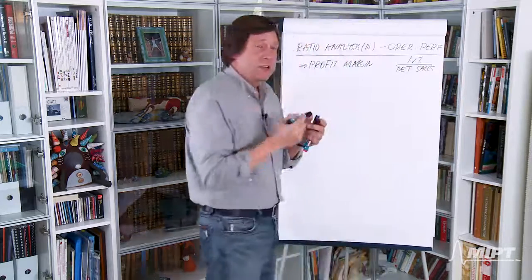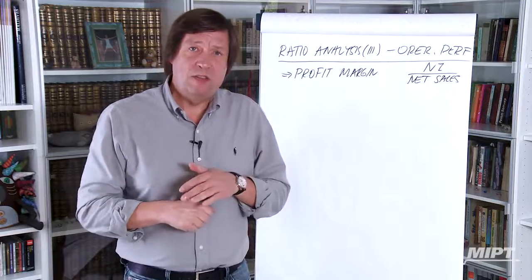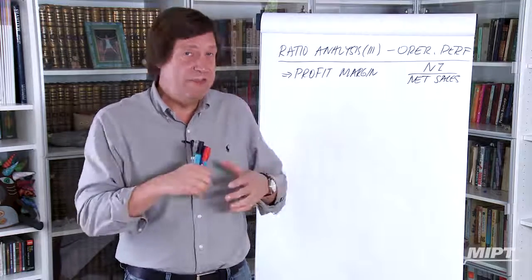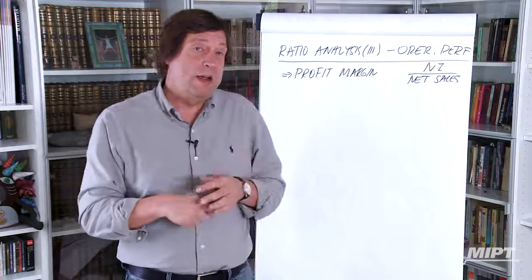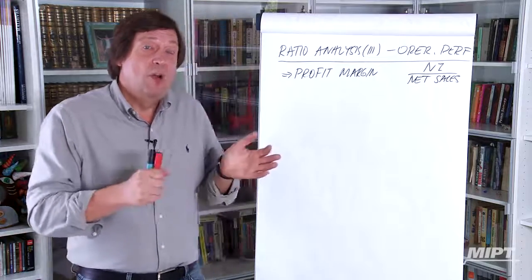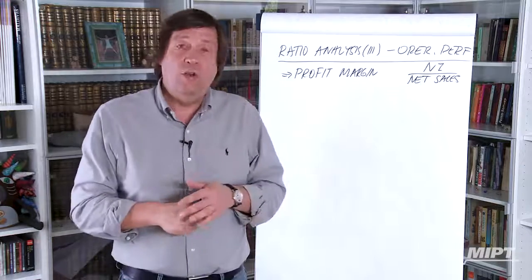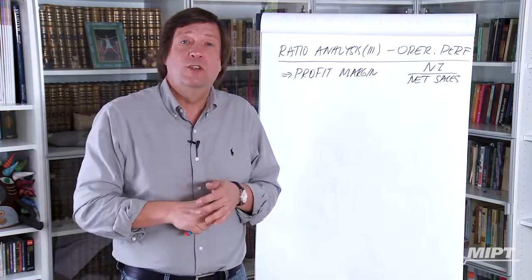Well, again, now you can see how important it is to stay within the ballpark of industry standard, because some industries have very high profit margins. Some of them have very low profit margins. And the fact that one company shows a lower ratio of that kind does not mean that it is doing poorly.